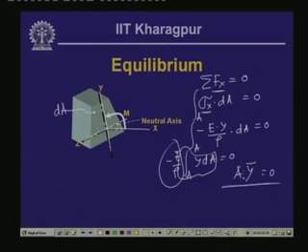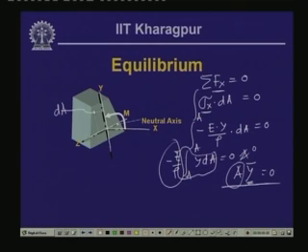Since area A cannot be equal to 0, y bar is equal to 0. The meaning of y bar equal to 0 is that the distance of that segmental area with respect to the centroidal axis or the origin is equal to 0. This can happen if the centroid of the cross section matches with the origin; then only the y bar of the whole area is equal to 0. This signifies that the z axis must pass through the centroid of the beam.